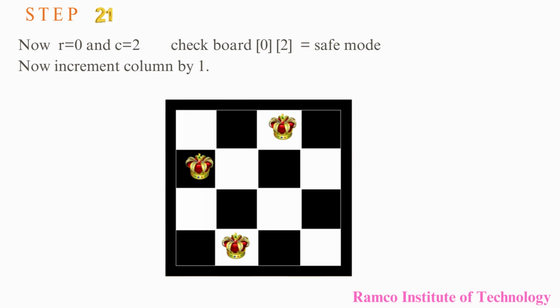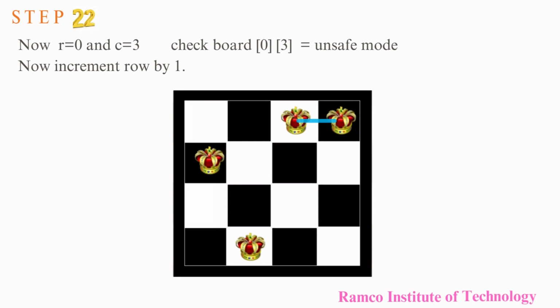It is safe mode. So now increment the column by 1. In step 22, R value equal to 0 and C value equal to 3. So check 0 and 3. It is unsafe mode. So we will increment the row by 1 because 2 queens are in the same row.